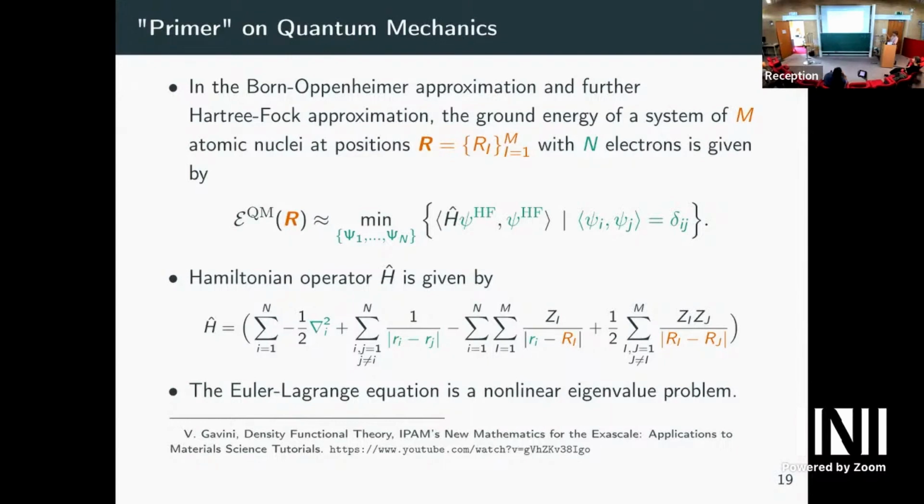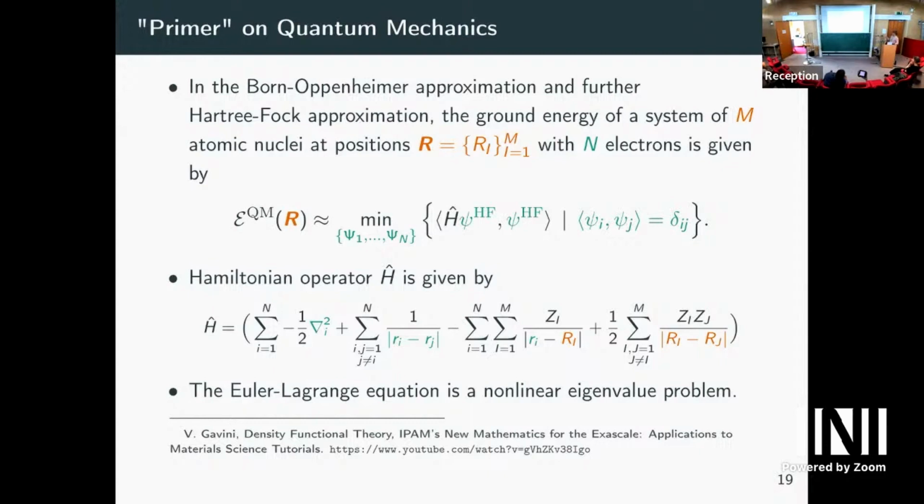And I highly recommend this series of lectures by Vikram Gavini from the recent IPAM program, which I attended. In basically 2-3 hours, you can get a good gist from deterministic mechanics to quantum mechanics, and then approximations of it, such as density functional theory. And it's very well explained.